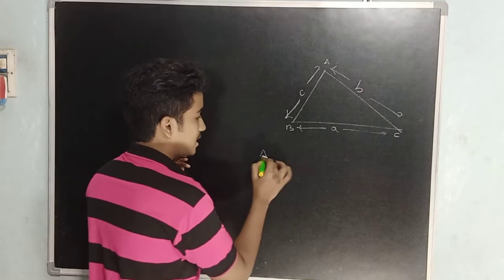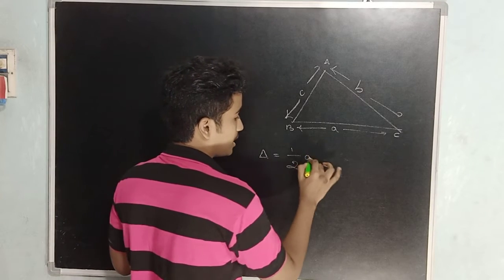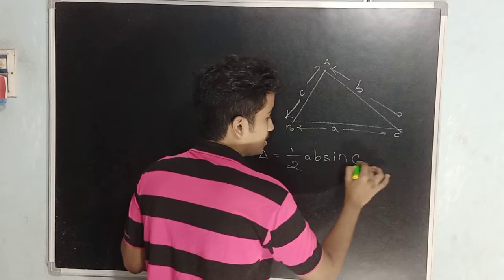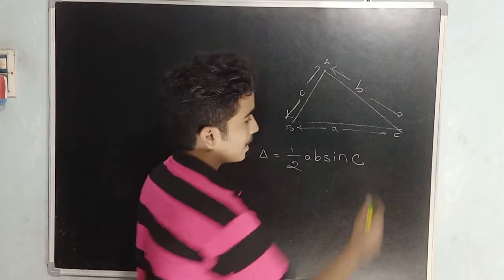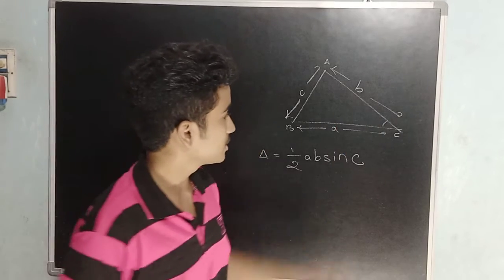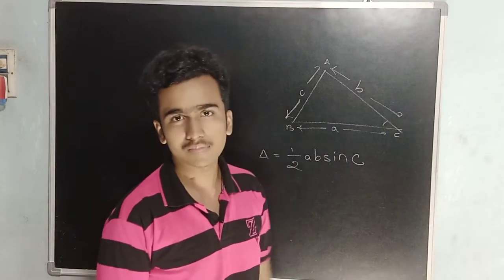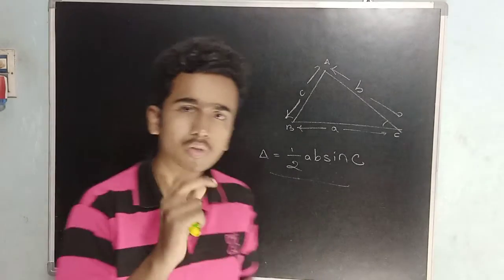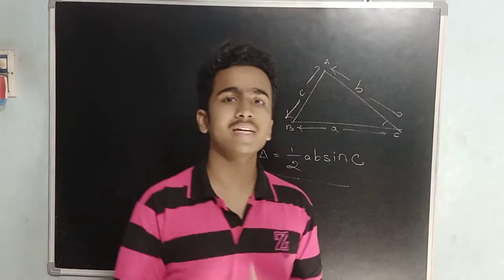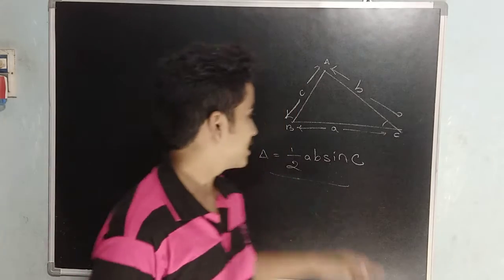Basically, we know that area is nothing but half ab sin C. To use this formula, we need to know the sides a and b and their included angle C. So for using this formula, we need to be provided two sides and one included angle.